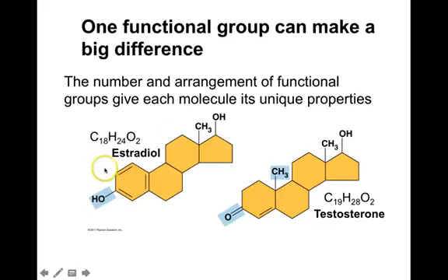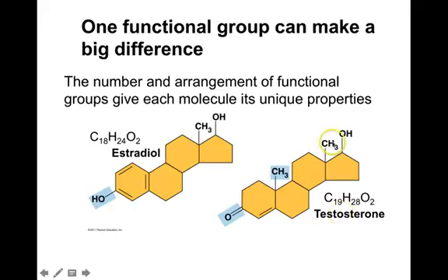But look at the molecules which are attached to this carbon skeleton. They don't exactly match, right? So the slight difference of this having a little group of 4 atoms and this group of 1 atom versus 2 atoms here, that makes one molecule a female hormone, the other molecule a male hormone, right?